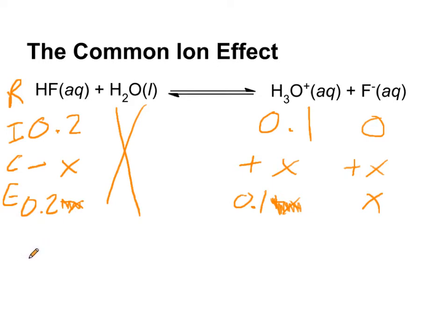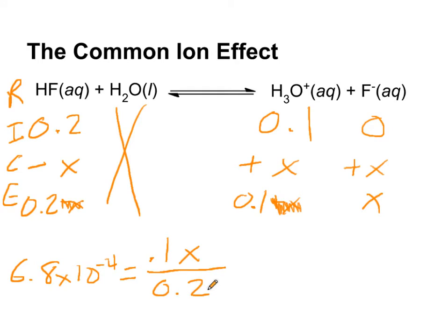So our Ka value was 6.8 times 10 to the negative 4th. Our hydronium concentration is 0.1, multiply that by the fluoride concentration, and divide by the HF concentration of 0.2.